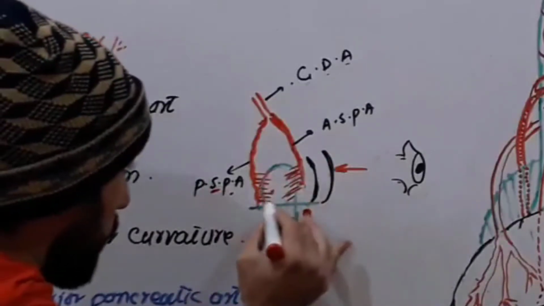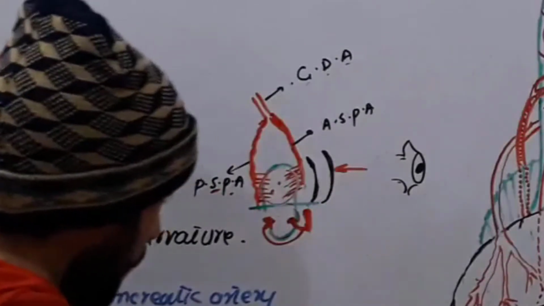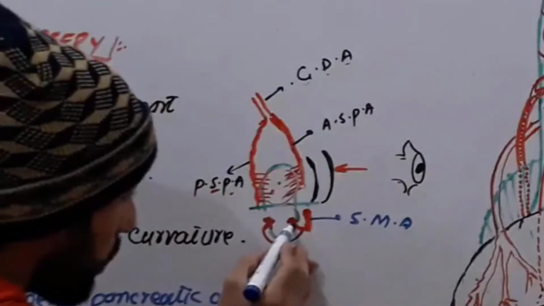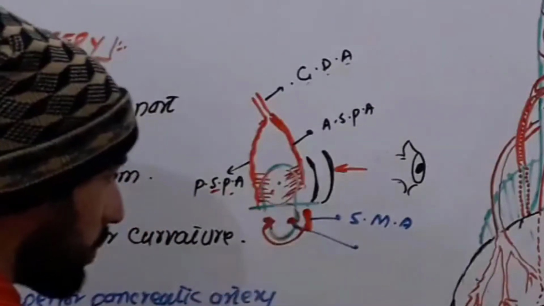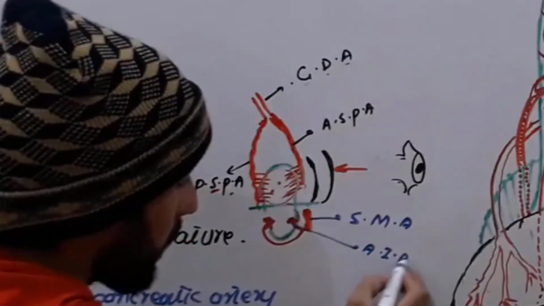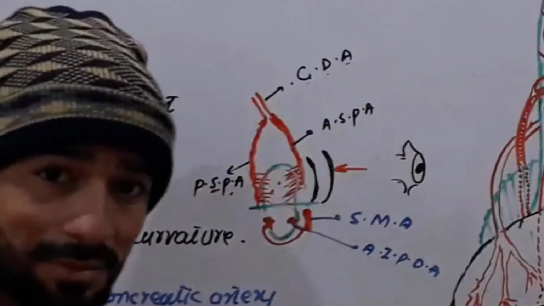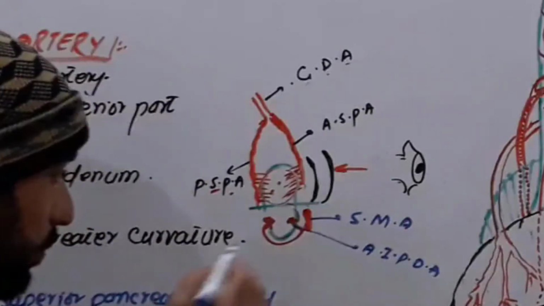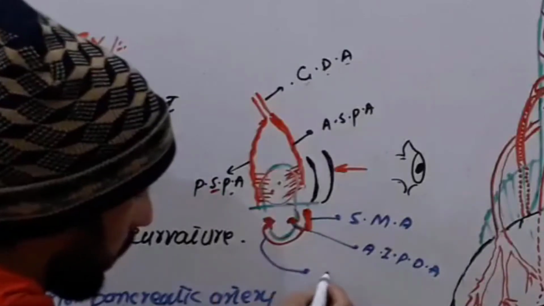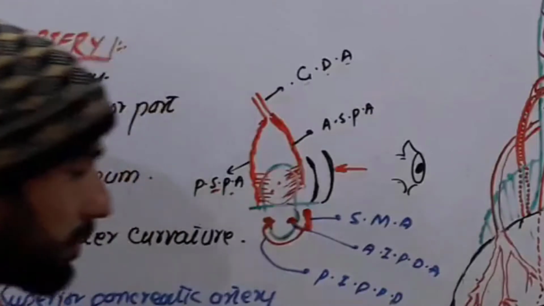So this is the superior part of the pancreas and this is the inferior part of the pancreas, right? This is our superior mesenteric artery. From the superior mesenteric artery there is a branch, and this branch goes towards the inferior part of the pancreas. So this is the anterior inferior pancreatoduodenal artery, and I will discuss these branches, don't worry, but I want to focus on the anastomosis between them. And this one is the posterior inferior pancreatoduodenal artery.